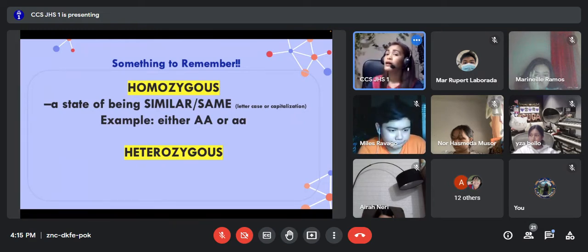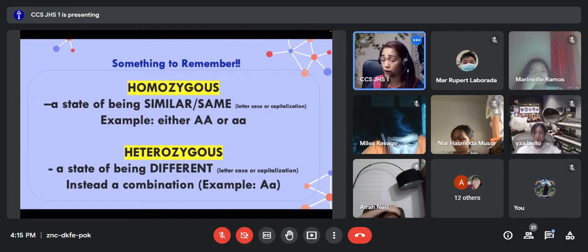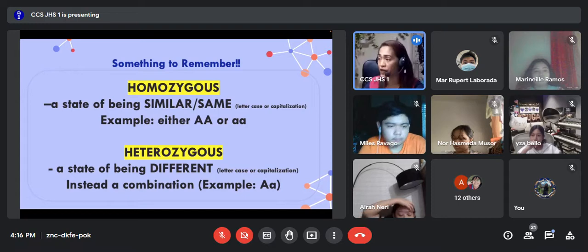Same letters, with the same capitalization for both. However, heterozygous refers to the state of being different, opposing or contrasting to one another.